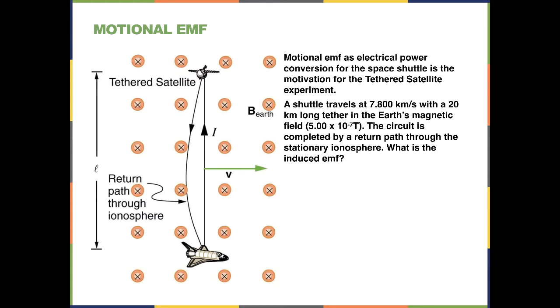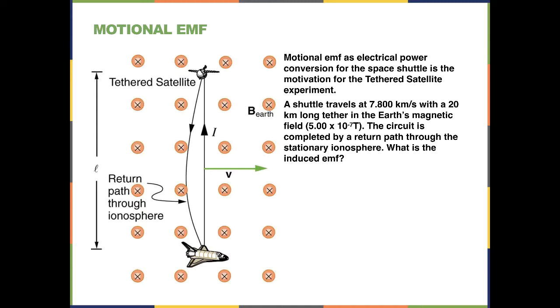If you have a shuttle traveling at 7.8 kilometers per second, with a 20 kilometer tether in the Earth's magnetic field, which is 5 times 10 to the minus 7 Teslas as shown here, and the circuit is completed, what is the induced EMF?